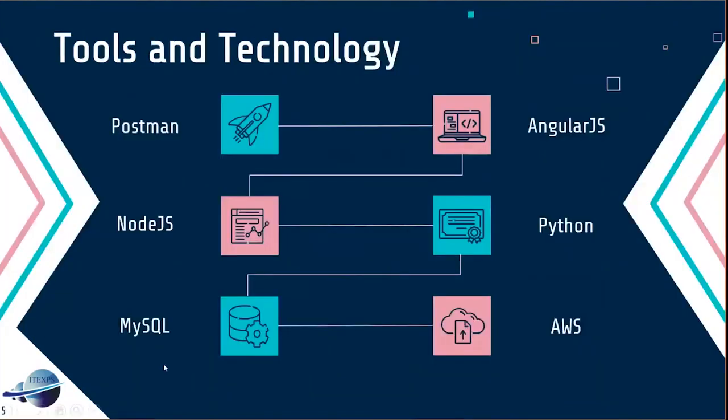To develop our project, our group used a combination of the following tools, ranging from Postman, AngularJS, Node.js, Python, MySQL, and AWS. To develop the front end, we used AngularJS and Node.js. Node.js allowed us to run our front end on Chrome with a temporary URL.